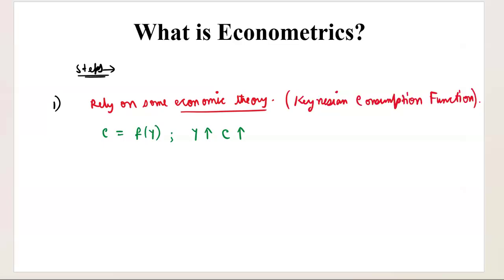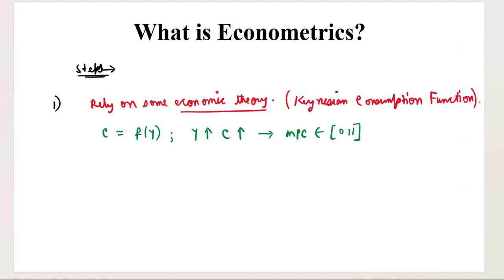That is captured by the marginal propensity to consume, MPC, which should be between 0 and 1. This is what Keynes has told, right?